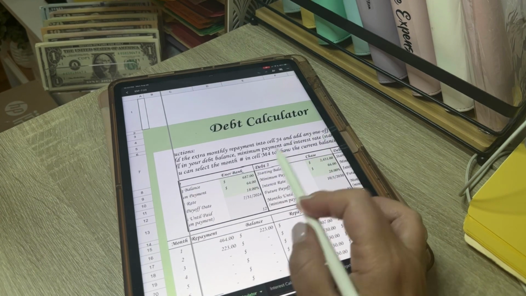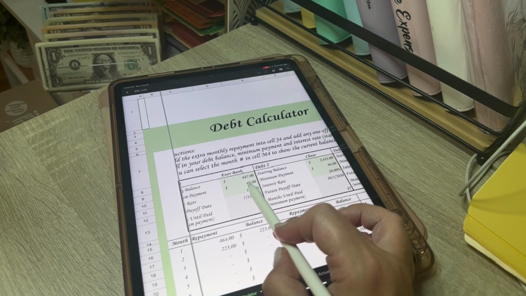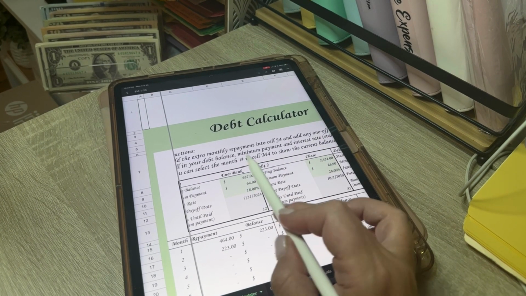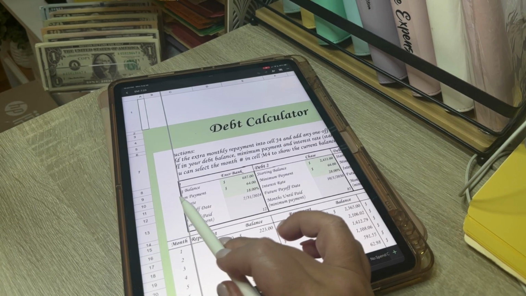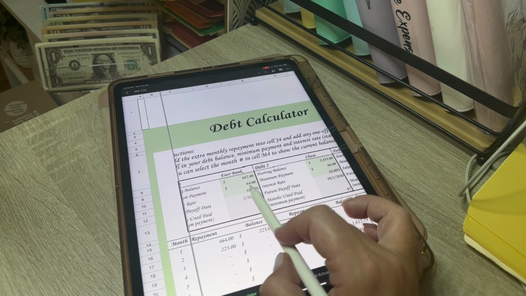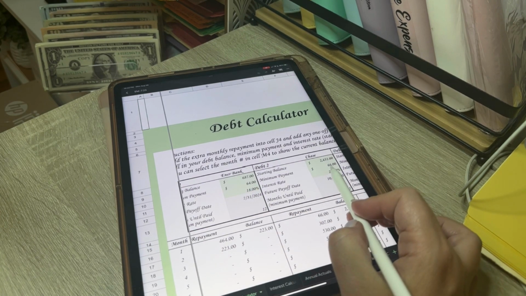Usually what ends up happening is most people would take that money and put it back into their budget and spend it elsewhere instead of being intentional and putting it towards their next debt.